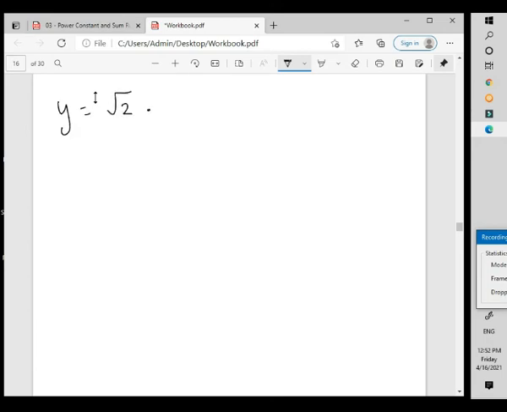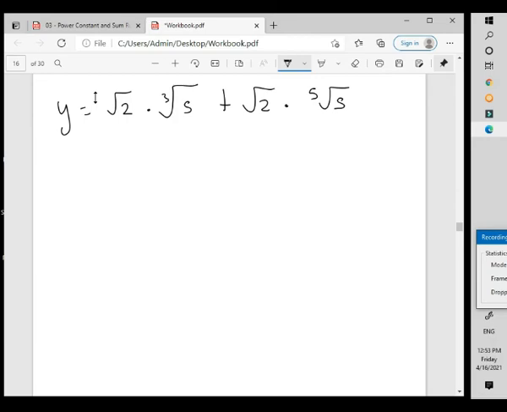Now this dot means multiply. So this is cube root of s plus root 2 times the fifth root of s. Now treat the root 2's just like you would treat a number. It's going to be very important that you maintain that.